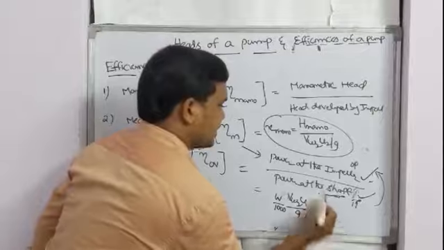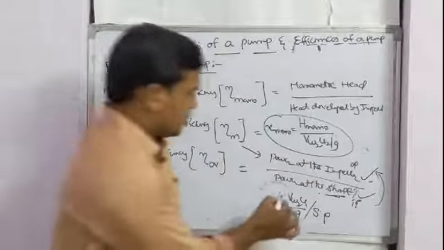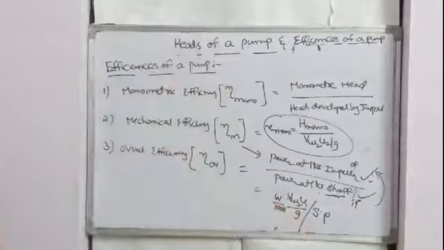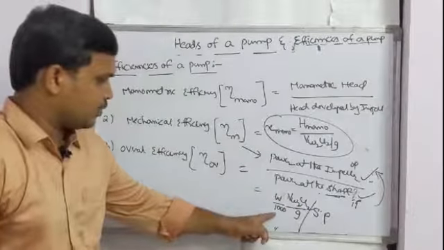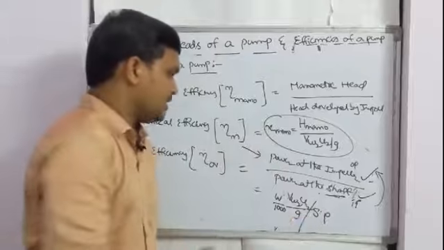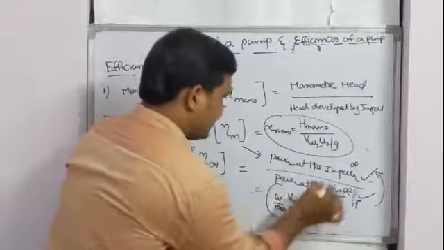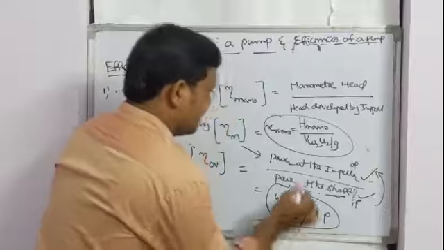Generally the shaft power is given in the problem. So this is the power at the impeller divided by the power at the shaft.